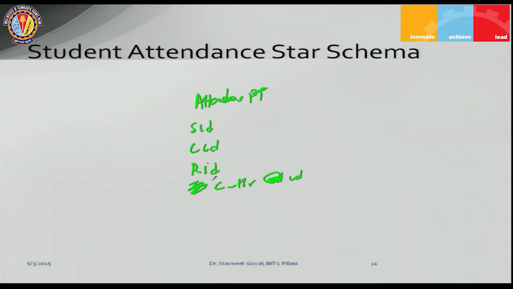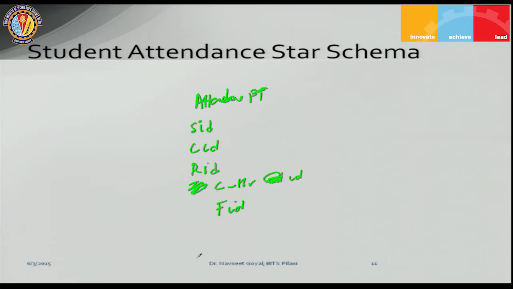Then what else? Student identifier, course identifier, then room identifier, then the day and hour identifier. What else do you need? Faculty identifier, right? So that's it. And yeah, these are the dimensions that would apply.